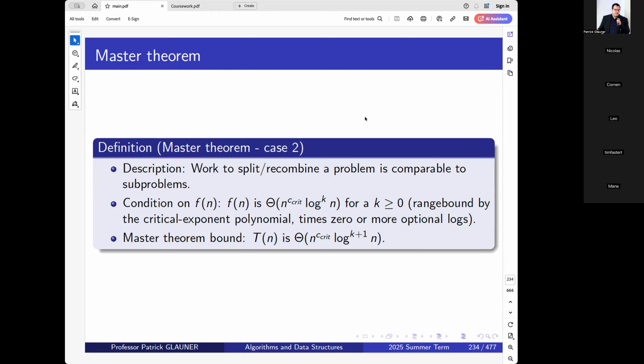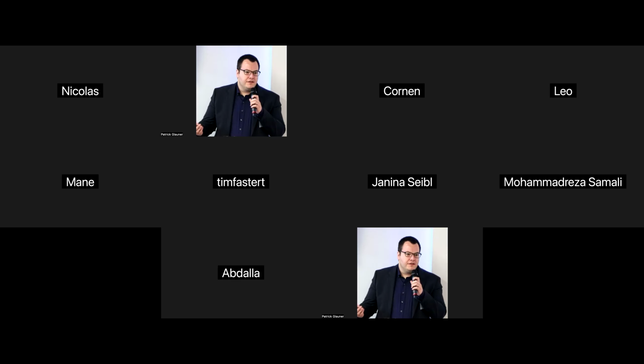And if this condition holds true, so how the critical exponent relates to f of n, then the master theorem says our recurrence relation is theta of n to the power of C critical times the logarithm of n raised to the power of k plus 1. And I think here it will make sense again that we look at an example together and try to solve it.